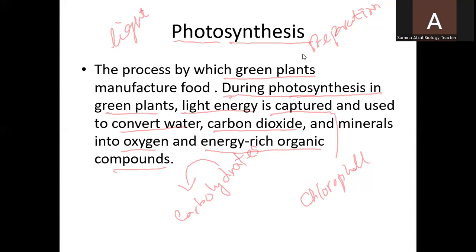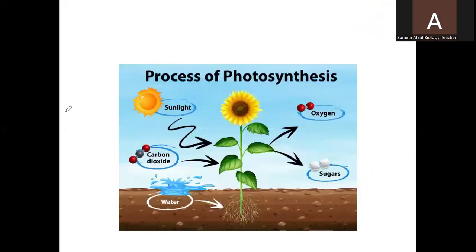In the next slide, we will see all those which are necessary: sunlight is captured by the chlorophyll in the green leaves. Carbon dioxide is from the air. Water is absorbed from the soil.